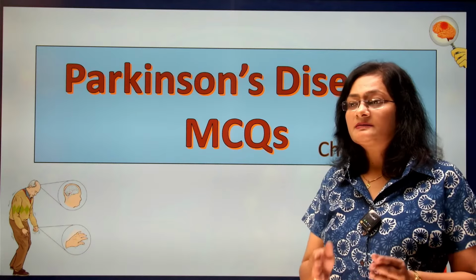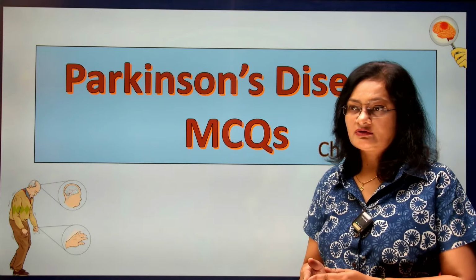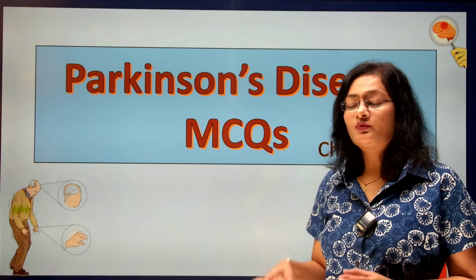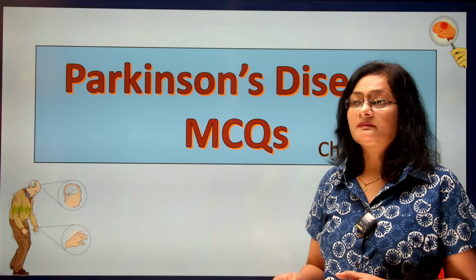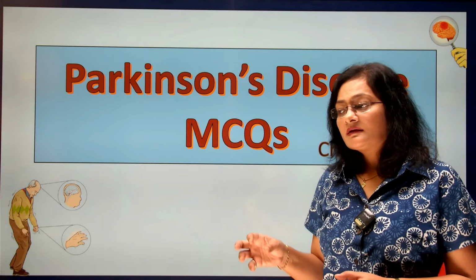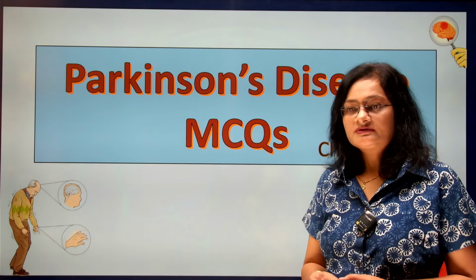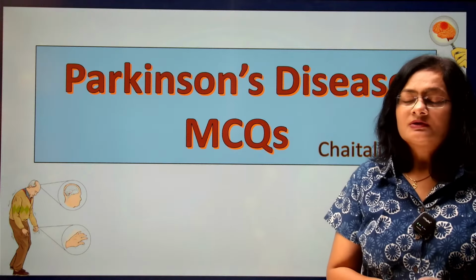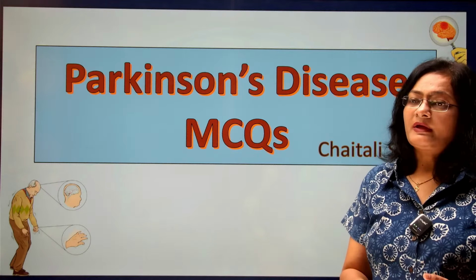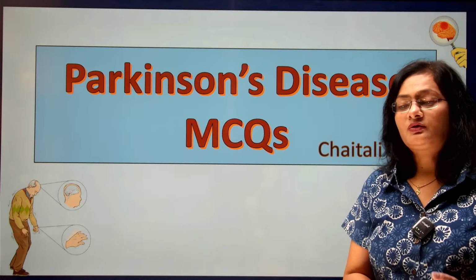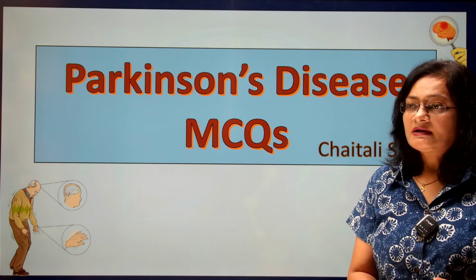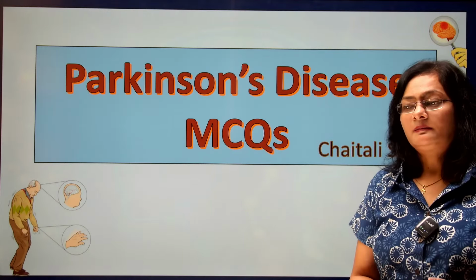Apart from this, Parkinson's plus syndrome is also there, where along with the motor features of Parkinsonism, you will have other systemic degenerative symptoms. So we have to discriminate in the etiology whether it is idiopathic or primary Parkinsonism, secondary Parkinsonism, or Parkinson plus syndrome.